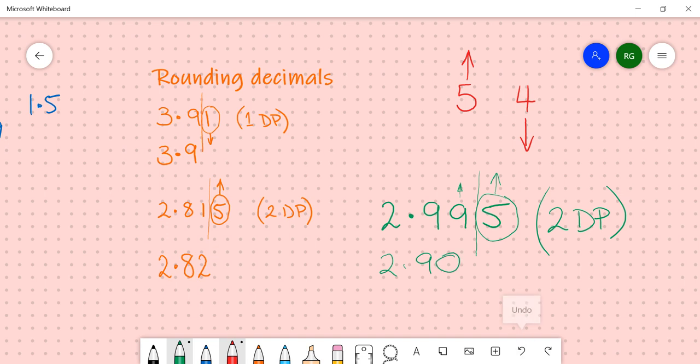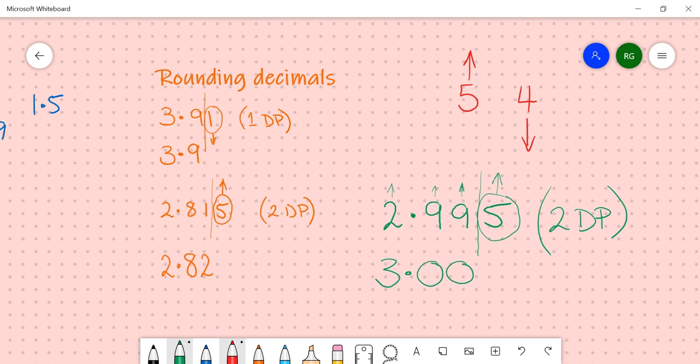Well, no, because that's not even close to the same number. Because that goes up to a 0, this one will go up, which will make this one go up. So it's closer to 3.00. Now I know those 2 decimal places are zeros, but the number 3.00 is the next point up from 2.99. That can sometimes confuse people.